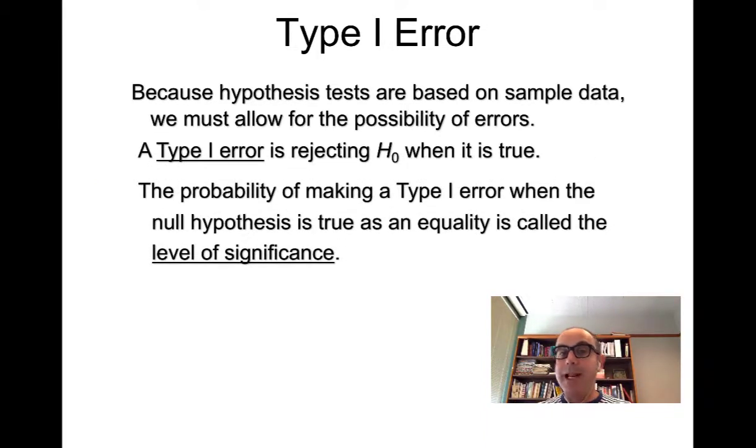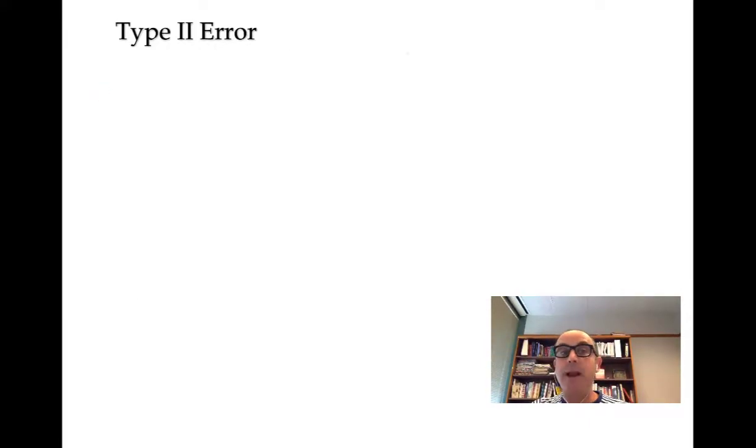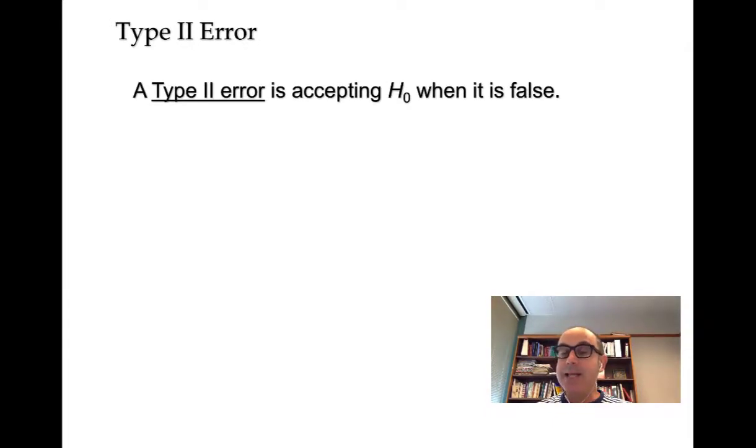So the probability of making a type 1 error when the null is true is called the level of significance. The application of hypothesis testing that only controls the type 1 error is often called a significance test, and we will see how it plays out. Type number 2 is accepting the null hypothesis when it's actually false, and that can happen too.